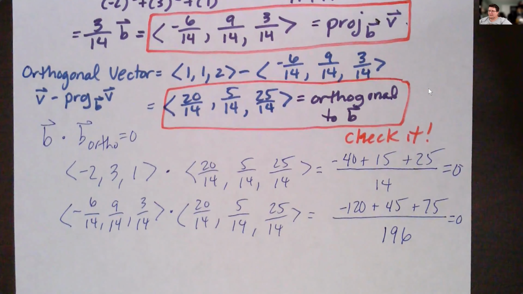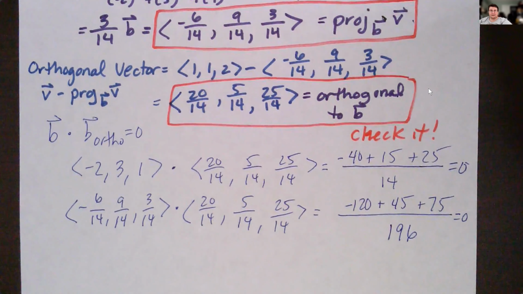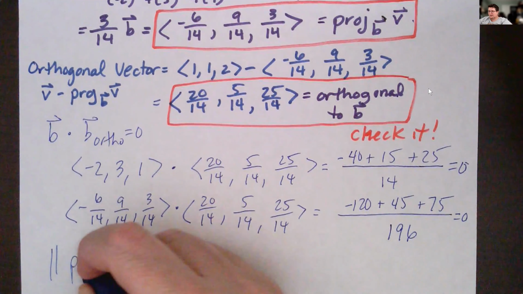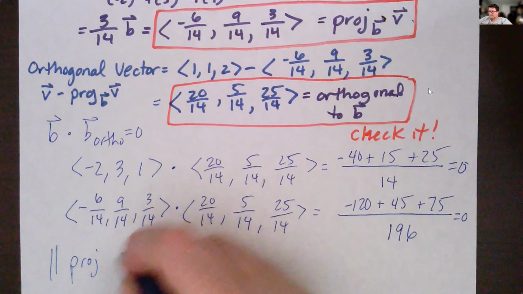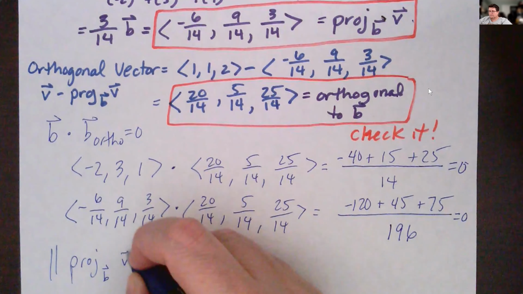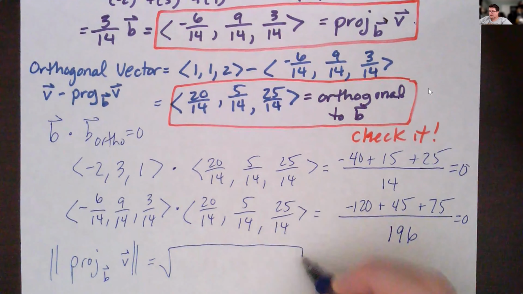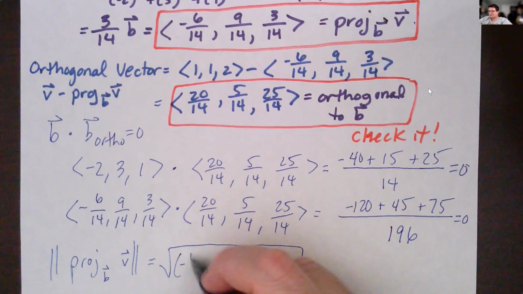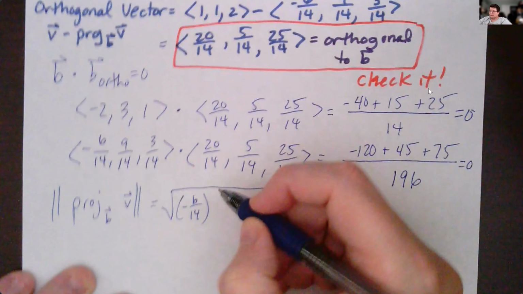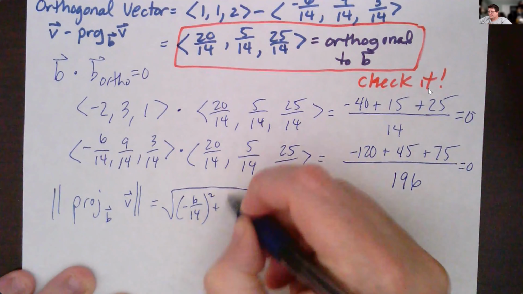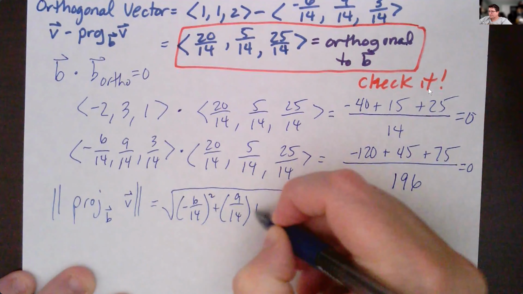And you can prove that neither of these are unit vectors as well. If we take the norm of the projection of V onto B, we get the square root of -6 over 14 squared, 9 over 14 squared, and 3 over 14 squared.